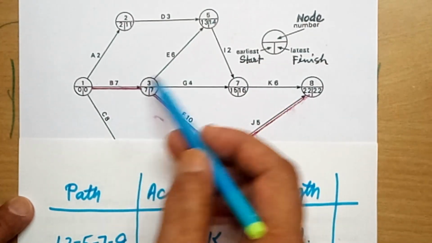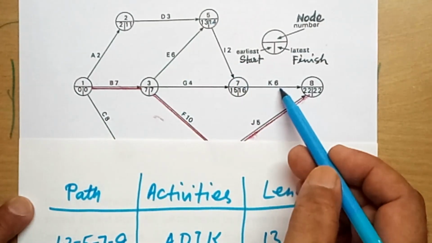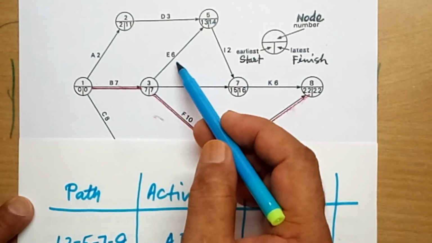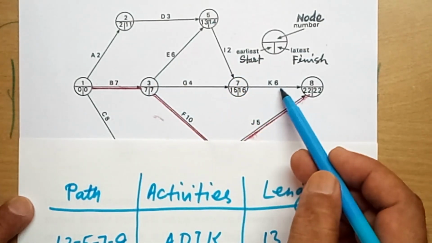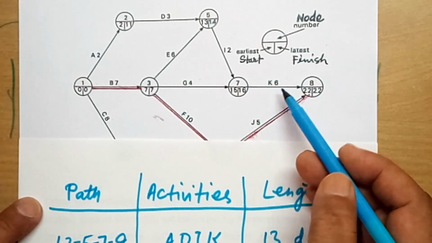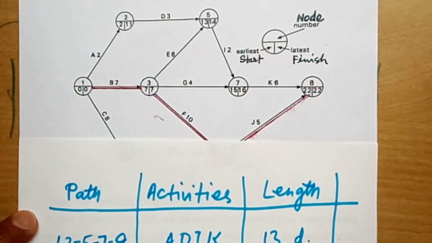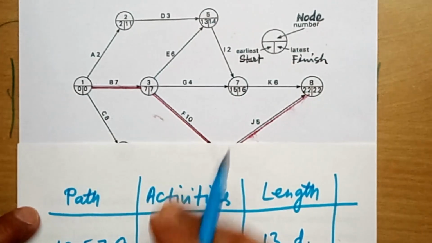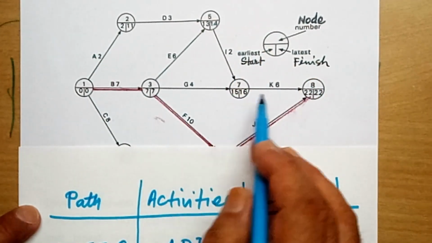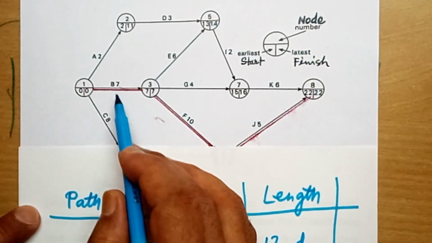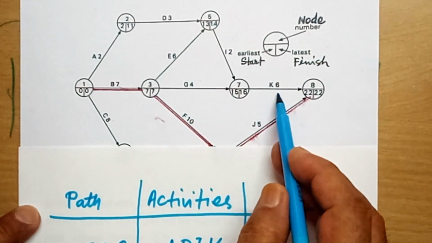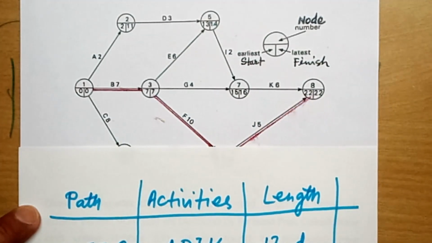Length is 7 plus 6 plus 2 plus 6. 7 plus 6, 13, plus 2, 15, plus 6, 21. So 21 days. Then 1, 3, 7, 8, BGK, the straight one. 7 plus 4 plus 6 days. So total 17 days.